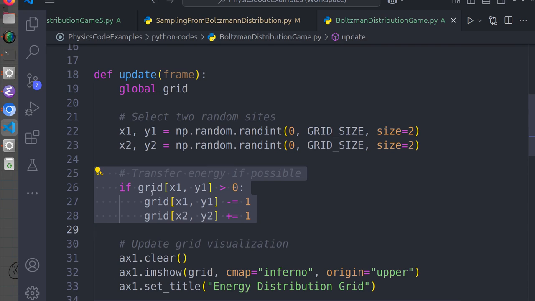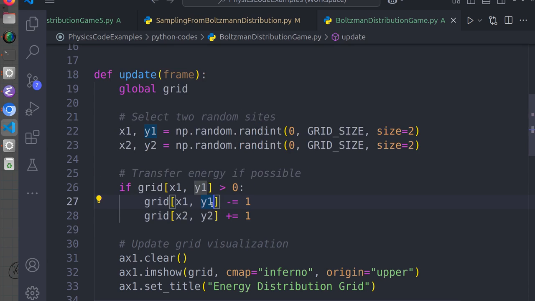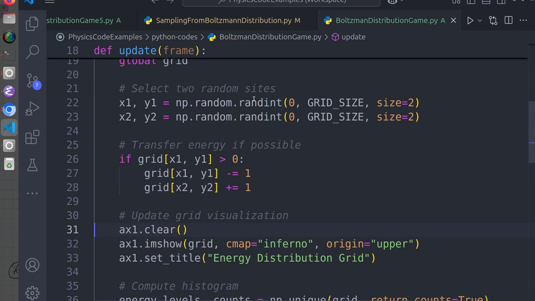So if what is on the site is greater than 0, then we remove one quantum from x1 and y1 and add one quantum to x2 and y2. So x2, y2 again is the destination. x1, y1 is where we remove a quanta. Okay, and this works nicely.